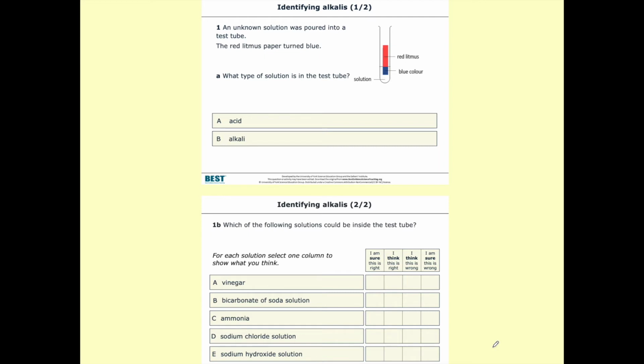So select one column for each of those solutions as to whether you think it's right or wrong, and whether you're sure it is or whether you just think it is. So pause the video whilst you do that.